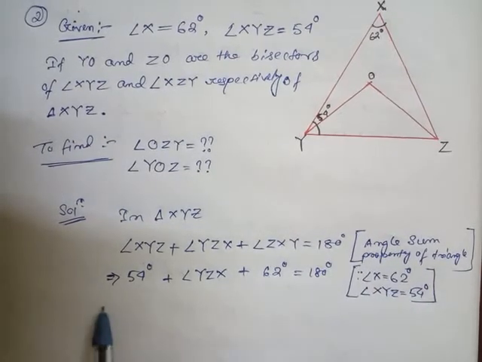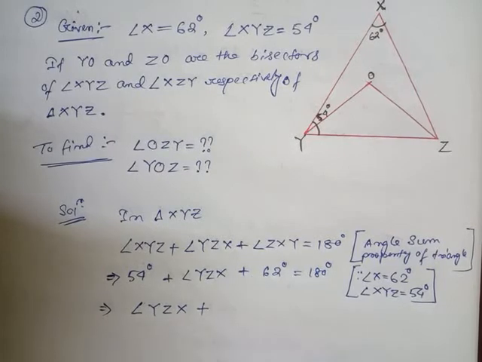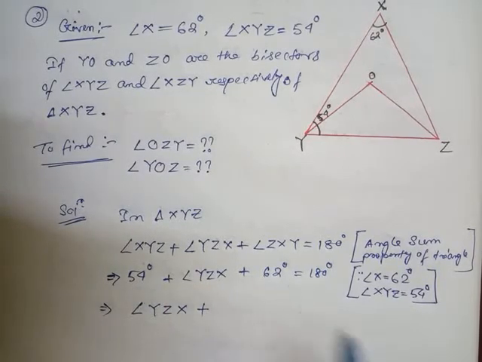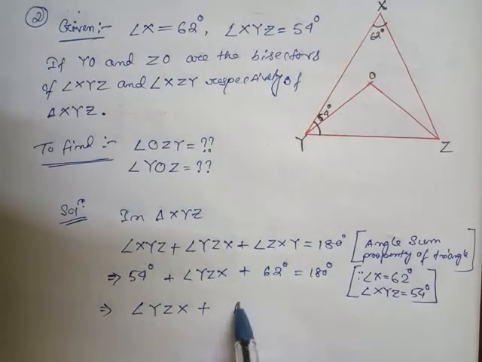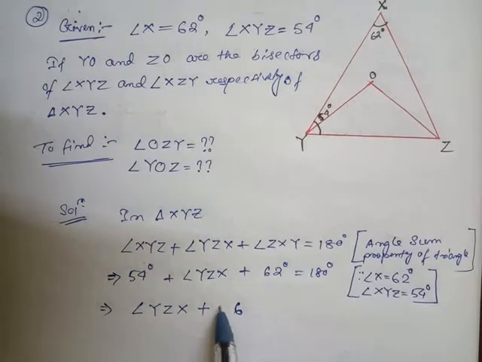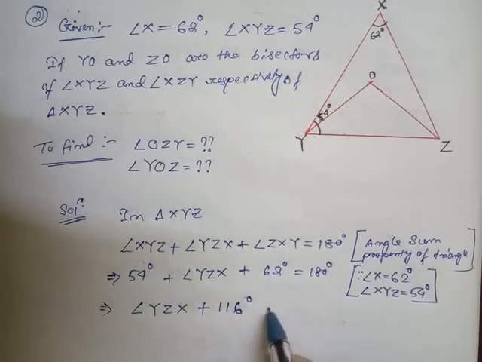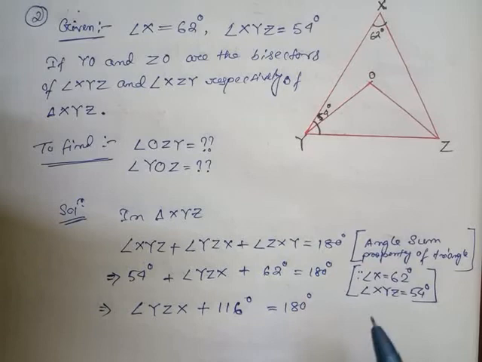Now look student, after that go for the addition. So angle YZX plus 54 and 62. What is the answer? 4 plus 2 is 6, and 5 plus 6 is 11, so 116 degrees. I repeat again, 4 plus 2 is 6, 5 plus 6 is 11, 116 degrees equal to 180 degrees.